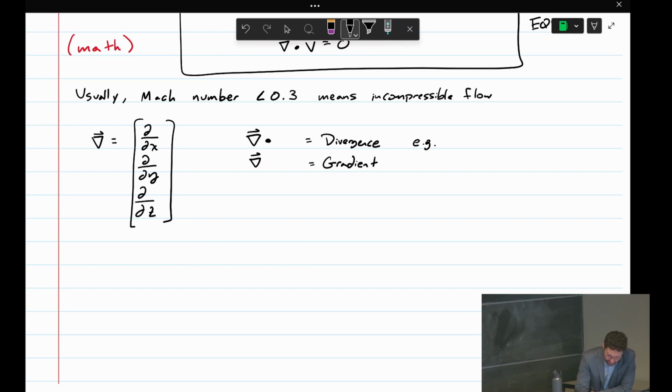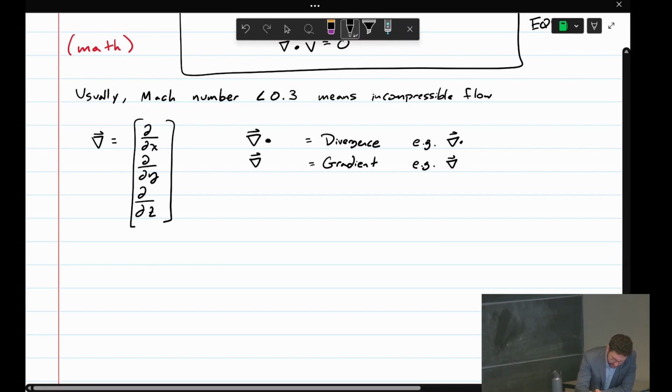The common example we have in fluid mechanics is what I just gave, the divergence of the velocity. Gradient, we've seen this before: the gradient of pressure. Actually, I'm going to write those in red.